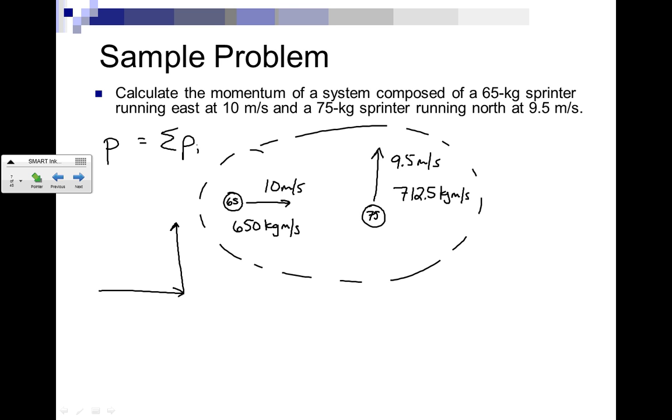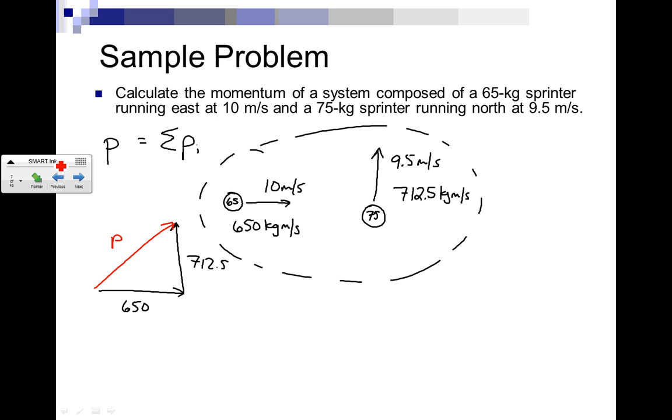You can't add things which are in different coordinate systems to each other. So Pythagorean theorem would be right. 650, 712.5. The resulting total momentum would be whatever that number is. We're not going to go through the math here. Some of you guys can do it on your own if you're so inclined. You're not going to get that question, but it's important to note that x and y are separate still.